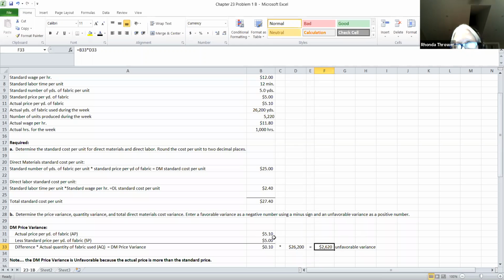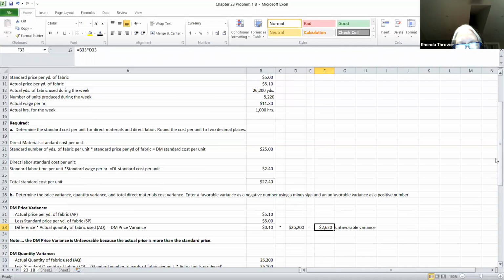It may have been something simple, like there was simply a price increase by the supplier, or it may have been something else that caused this particular variance. But as management, you would want to investigate this variance.